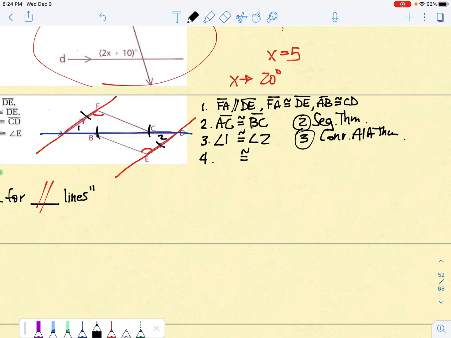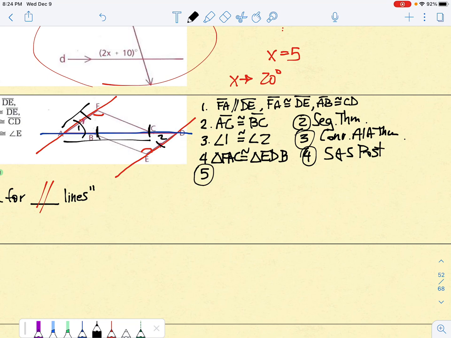And number 4, we now have side, angle, side. So I've got a triangle FAC. Got to be careful how I read that triangle, right? FAC, EDB. These two are congruent by the side, angle, side postulate.